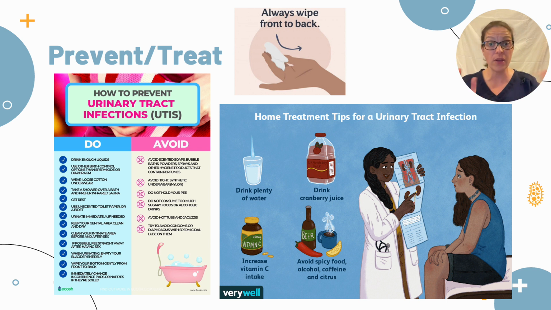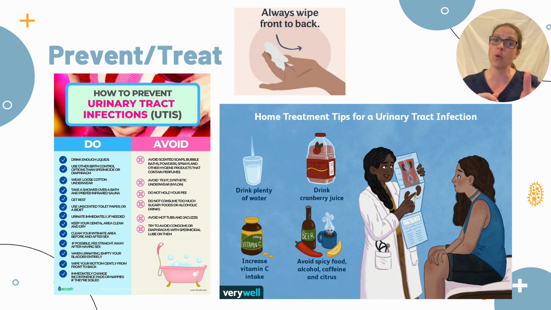They're going to take your urine, you pee in a cup, and they're going to send it off to the lab to make sure that they can grow and culture that bacteria that's in your urine. And they're going to prescribe you a medication, an antibiotic, that will hopefully get rid of this bacteria that's causing you all of these problems. The growth in the lab is going to check to make sure that they've prescribed the right antibiotic for you.